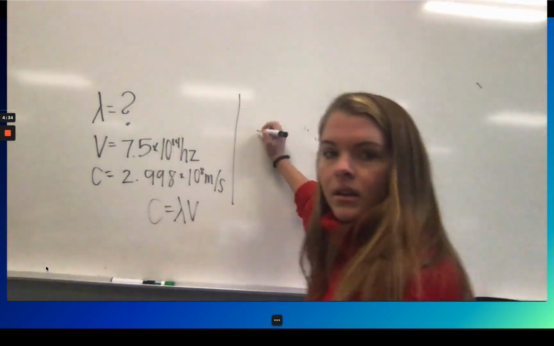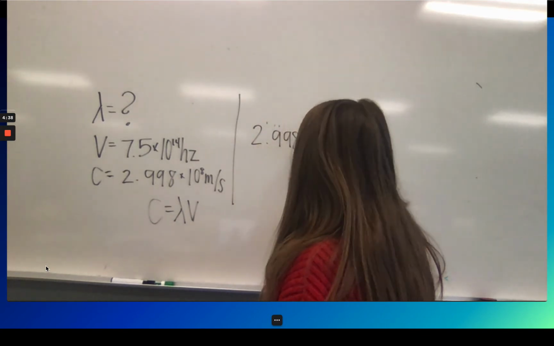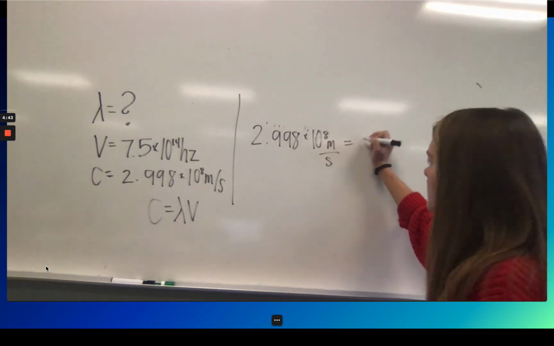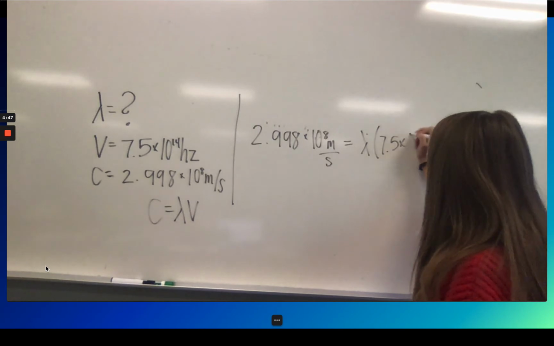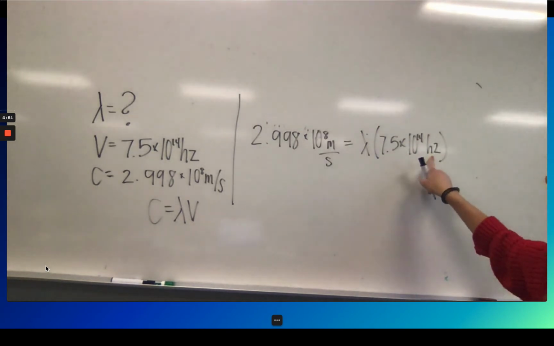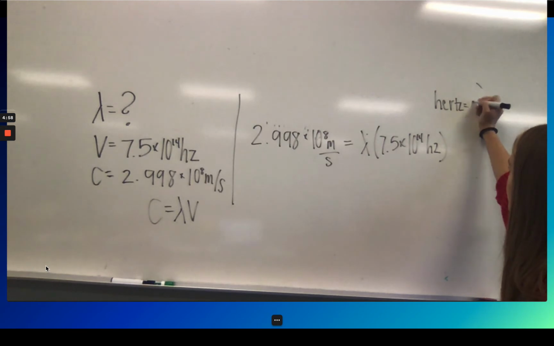So we're going to have 2.998 times 10 to the 8th meters per second equals our wavelength times 7.5 times 10 to the 14th hertz. Remember that hertz is the same as seconds to the -1, so hertz equals the inverse of seconds.